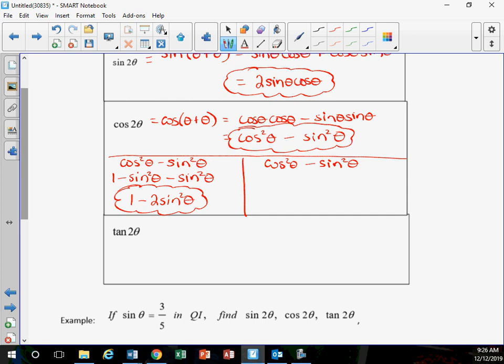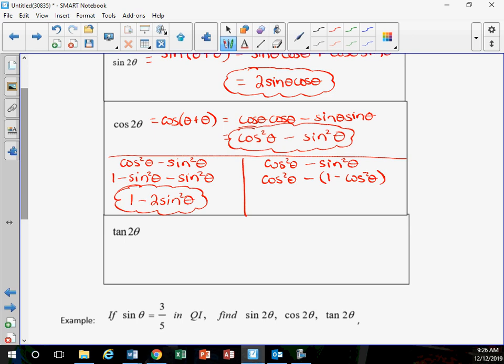All right, so I start again with cosine squared minus sine squared. Last time I replaced cosine squared. What do you think I'm going to replace this time? Okay. So I'm going to have cosine squared theta minus, and then put it in parentheses. What is sine squared the same as? Good, 1 minus cosine squared.